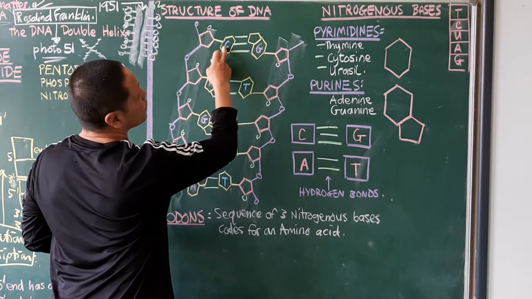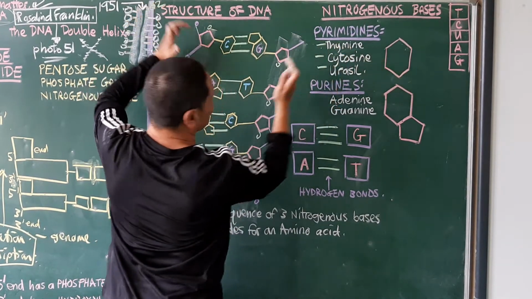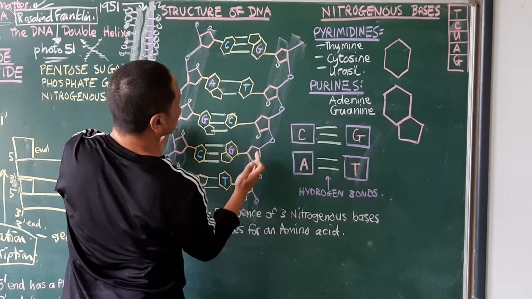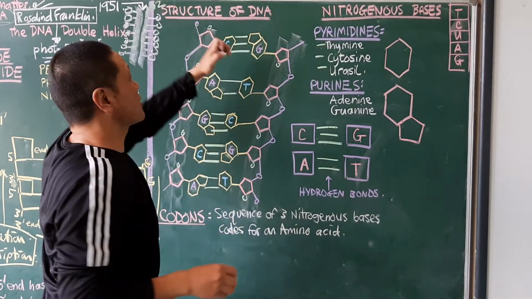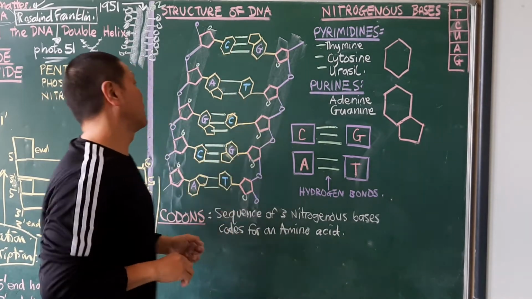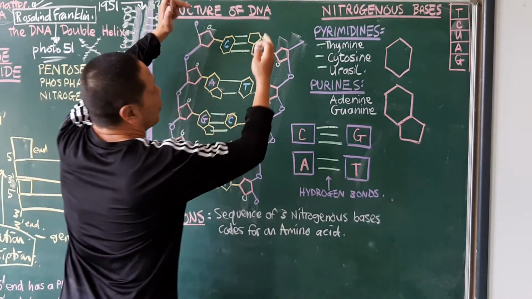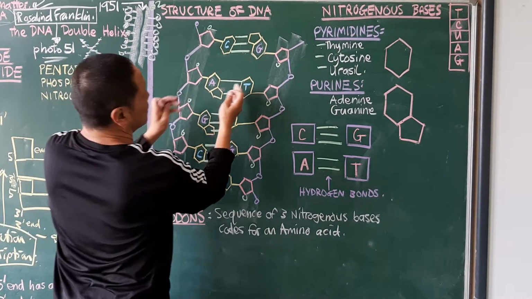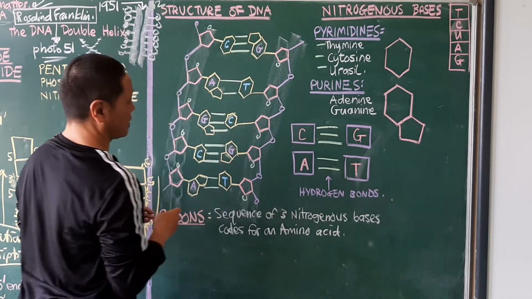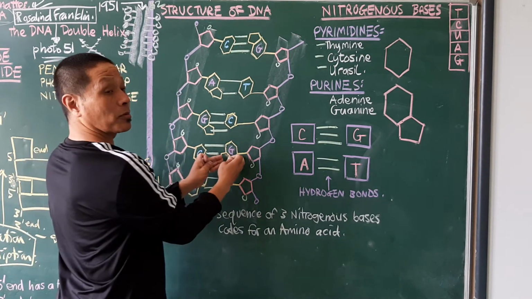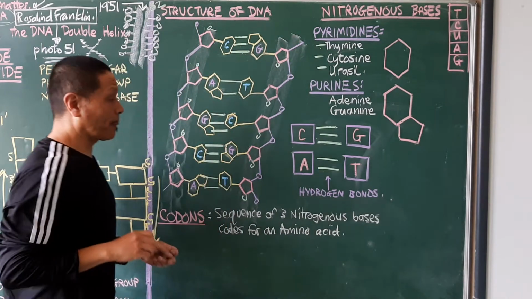You cannot have a purine with a purine, because that is going to bulge the size of this structure as it goes parallel, and it bulges like that, as if a snake had swallowed an egg. In order to prevent that, you have double rings on one side, single ring on the other side. Single ring on one side, double ring on the other side. So this maintains its structure.